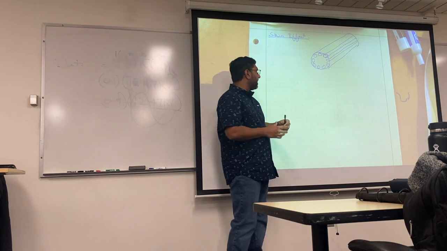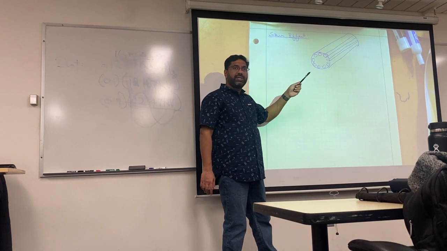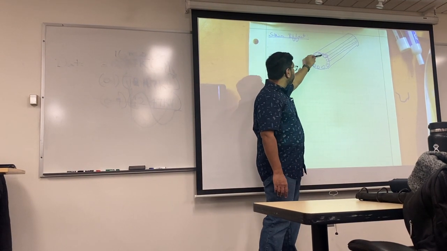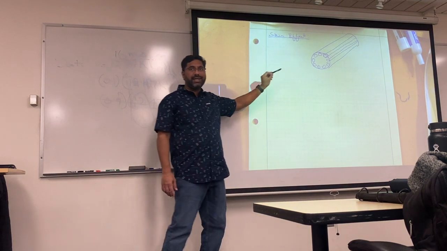The trouble with AC current, and it's called skin effect, is the higher the frequency, the more the current wants to travel through the surface rather than through the entire cross-section. And we don't have this issue in DC.